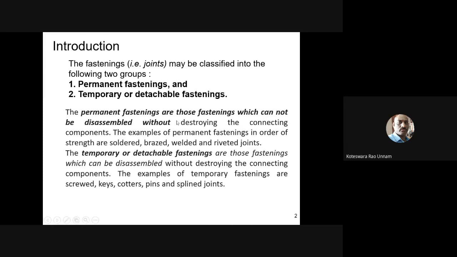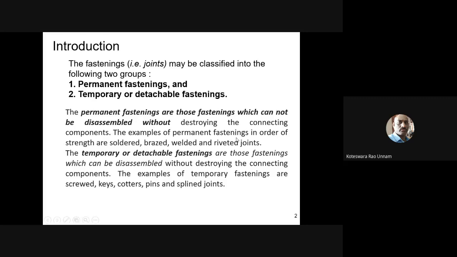The permanent fastenings are those fastenings which cannot be disassembled without destroying the connecting components. That means without breaking down the connecting components, you cannot disassemble the joint. Then we call it a permanent fastening or permanent joint.